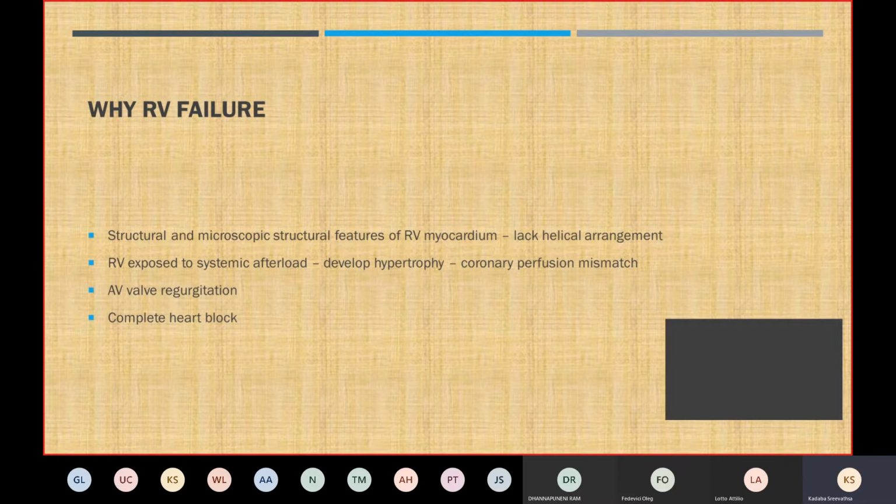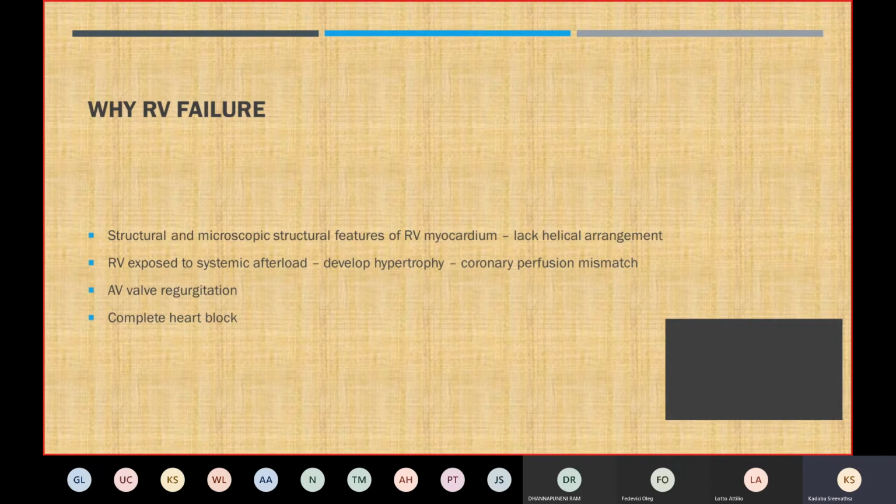Hence, when the right ventricle is exposed for a longer time to the systemic afterload, it develops hypertrophy. As the right ventricle develops hypertrophy, it is still supplied by the single right coronary artery, and this single right coronary artery supply is not enough to sustain the requirement of the hypertrophic right ventricle, and hence there will be coronary perfusion mismatch, and gradually the right ventricle will fail.